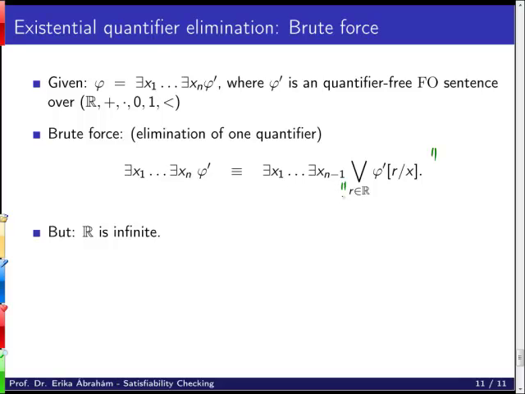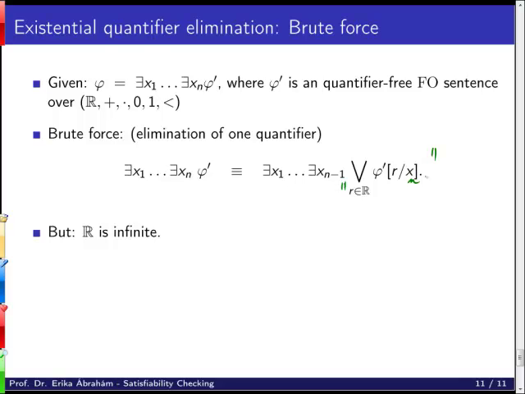What is strange on this expression? So here what happens is I eliminate xn and I try out all values for my last variable xn, then one of them will work, then it is true. Or if none of them works, it is not true.